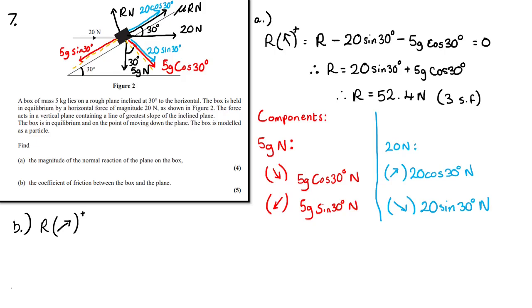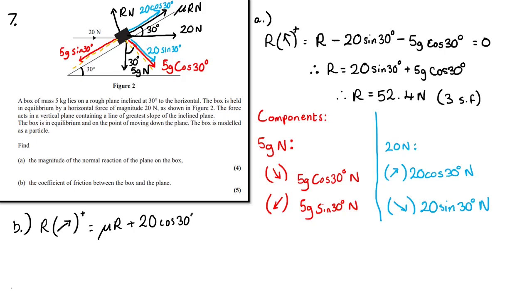What are we going to get here? We've got pretty much everything we need in this diagram. We've got mu R newtons going up the plane, so mu R is positive. We've also got 20 cosine 30 going up the plane. We can see that here, this blue arrow.